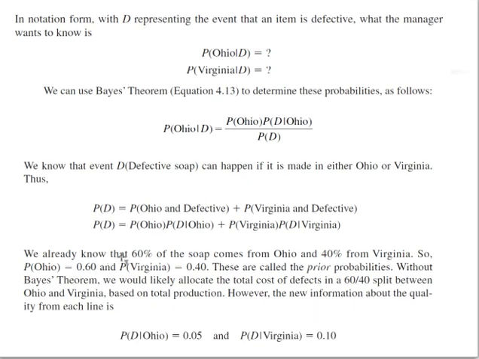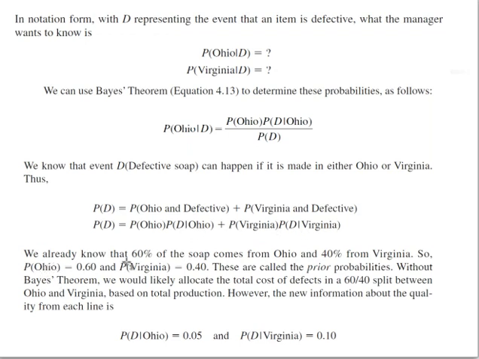Thus, the probability of defective equals P of Ohio and defective plus P of Virginia and defective, where P of D equals P of Ohio times P of defective from Ohio, plus that.